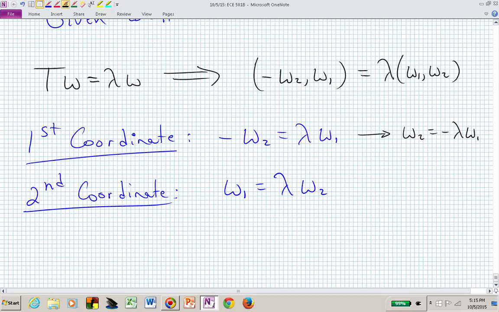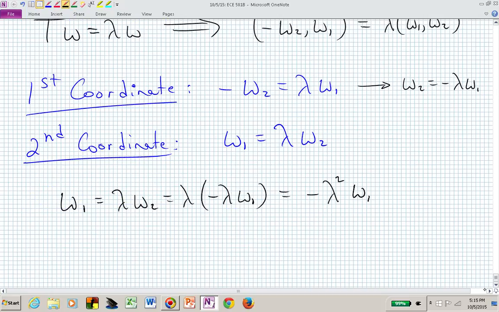Now let's use the strategy that we've done before. Let's replace W2 in this second equation with this expression that we derived from the first coordinate, so that now we have W1 is equal to lambda times W2, but W2 was just minus lambda W1. So this now becomes minus lambda squared W1. Now we have W1, and that's supposed to equal minus lambda squared W1.